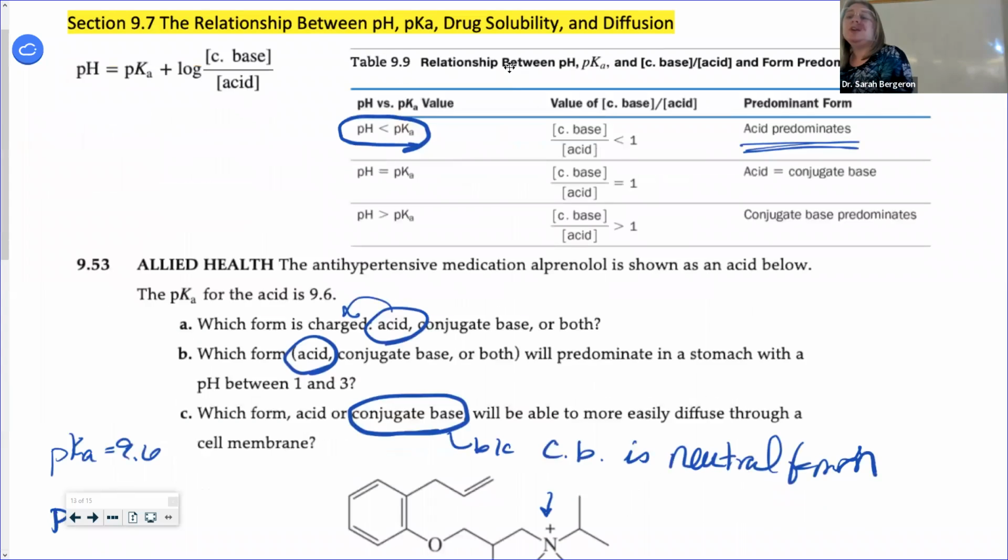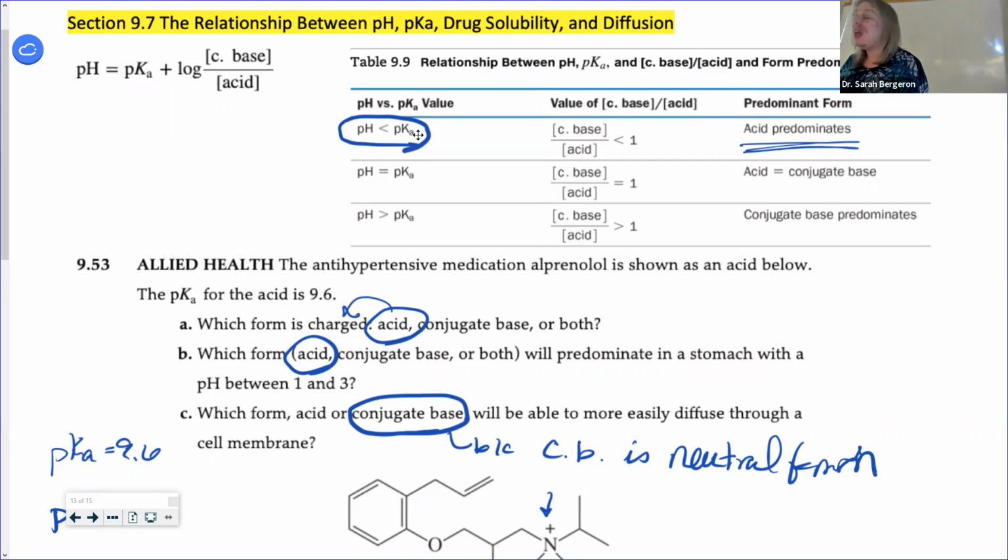Okay, so let's apply that information, right? What I can do, I just said this, is change the pH and therefore convert my acid to a conjugate base, right? So if my pH is less than my pKa, what does that mean? Well, that means that I'm not going to lose my hydrogens, right?